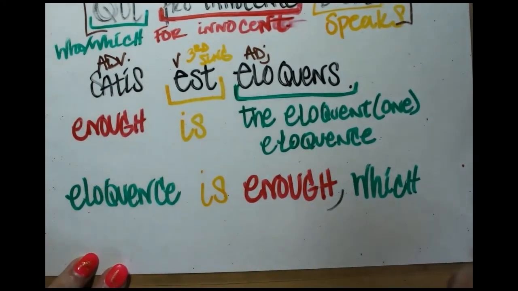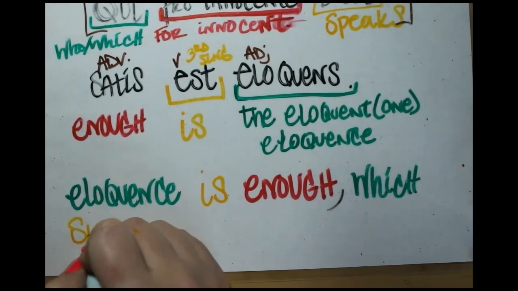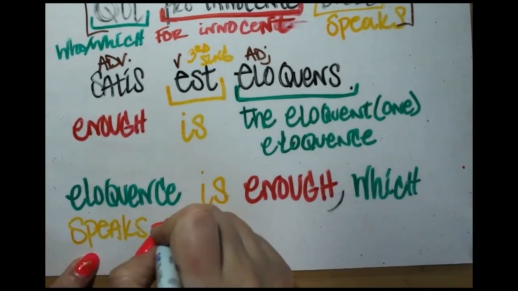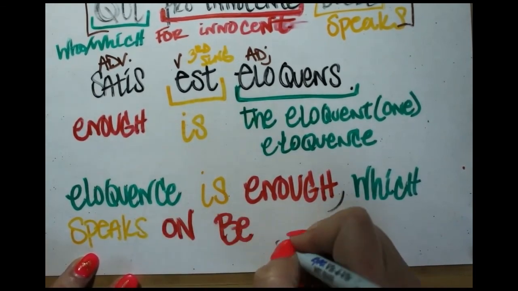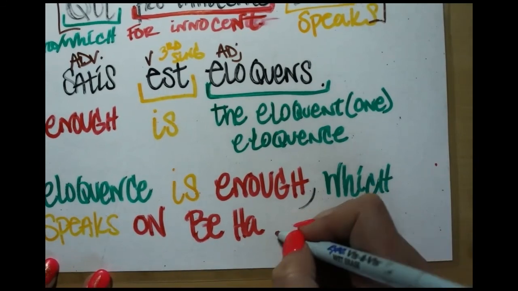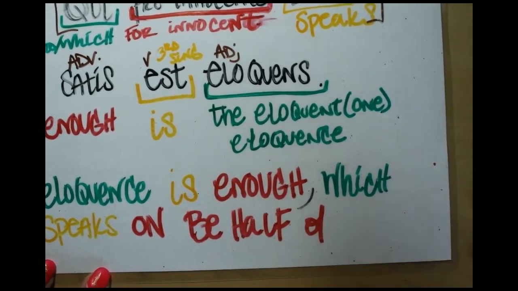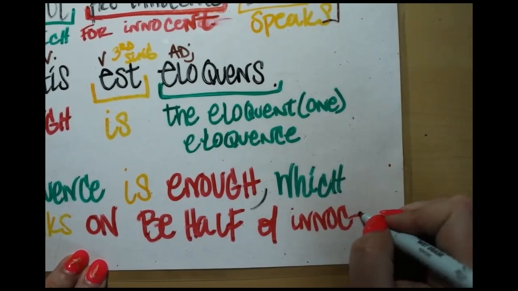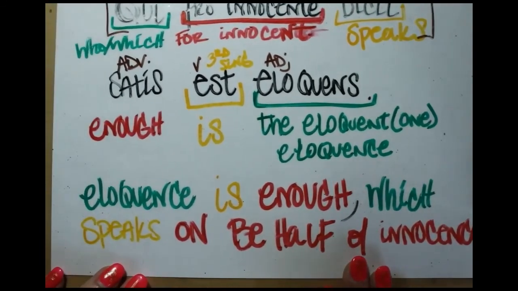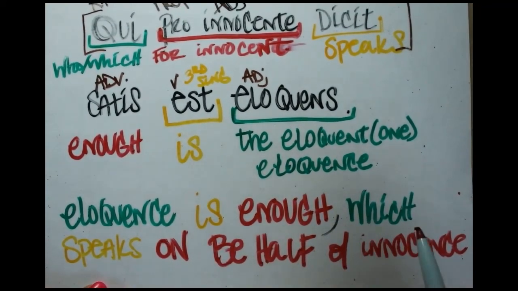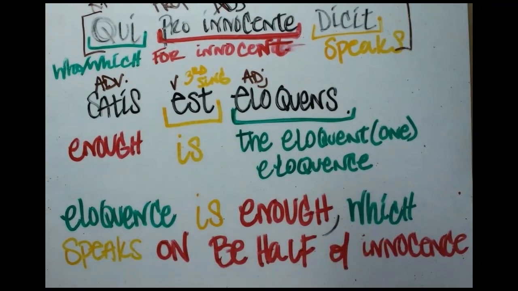Which speaks for, or on behalf of, innocence, or the innocent. So eloquence is enough. If we were saying this in English, I think maybe we'd say, when it speaks on behalf of innocence. All right, that was a pretty quick and easy sentence.